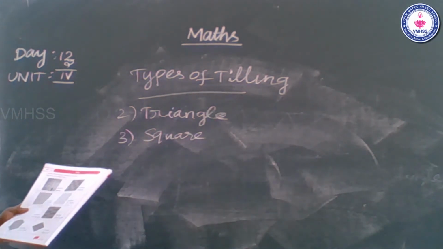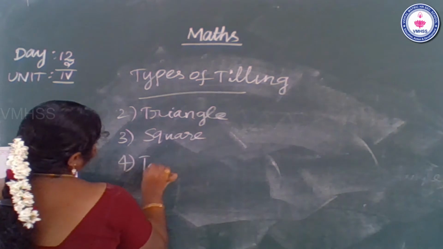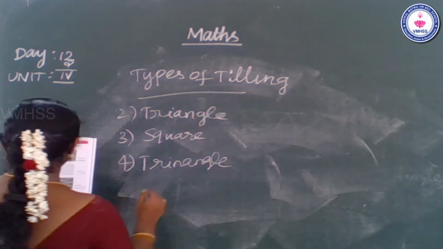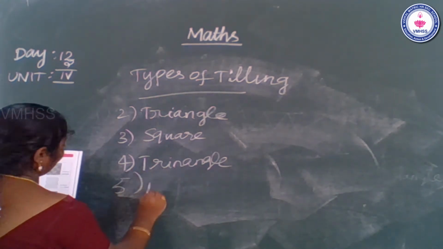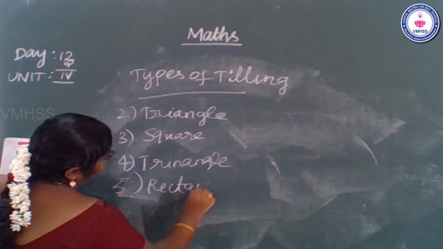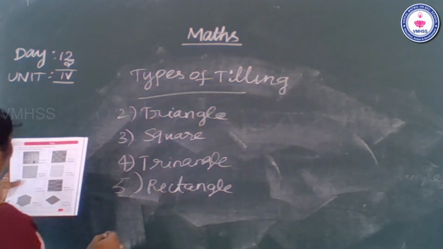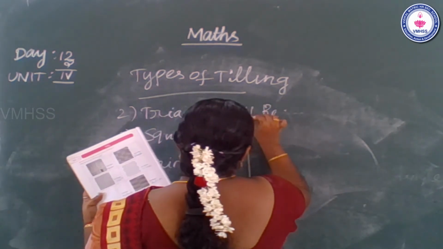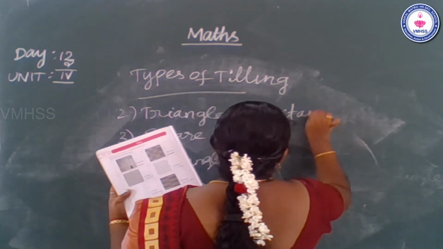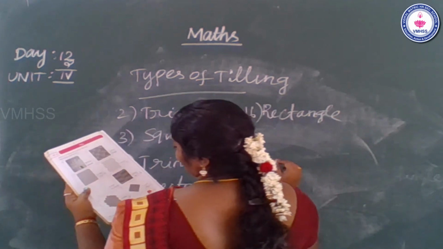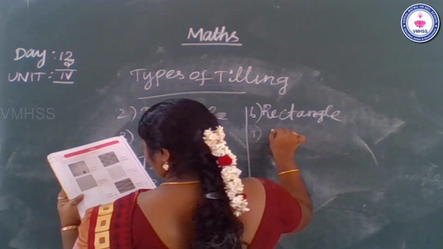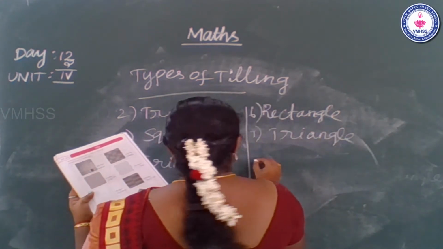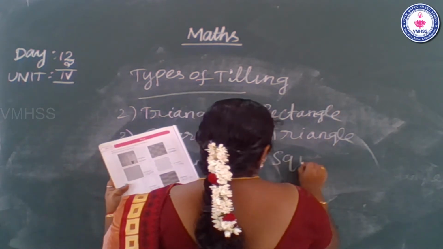Next one, triangle. Next picture, rectangle. And the next one is also rectangle. And triangle. And last picture, square.